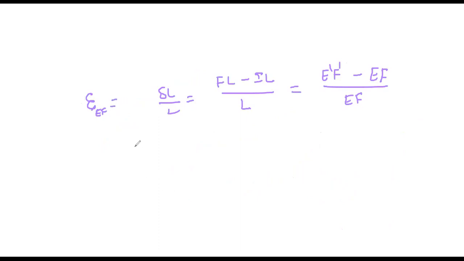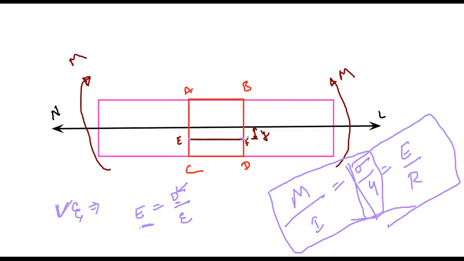Now from this figure, let us call this the neutral layer or neutral axis NN. EF is equal to NN, because the length of this layer EF is equal to the neutral layer NN within this element.